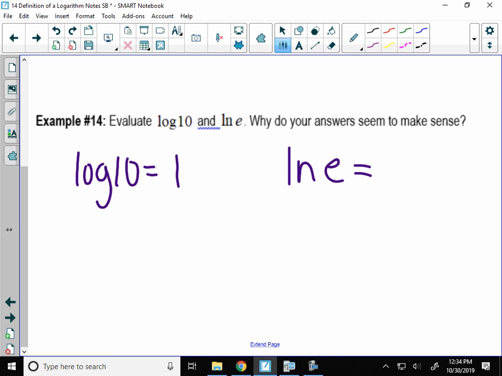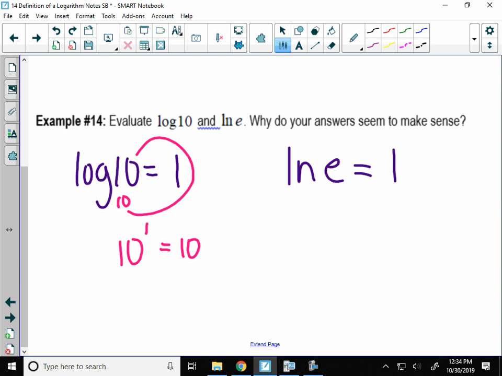What do you get? Also 1. Why? Because what? We were just talking about turning it into an exponential. What's the base of the common log? 10. So that is saying 10 to the first equals 10.